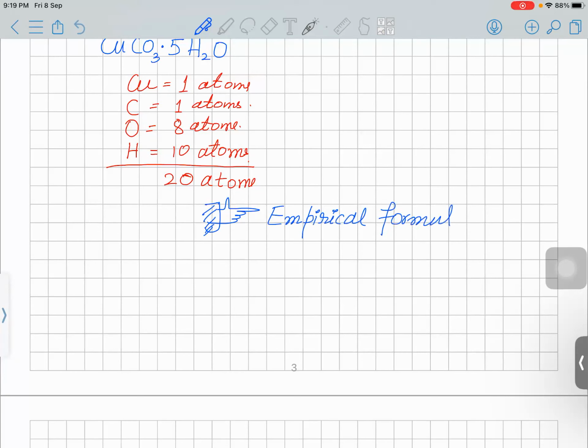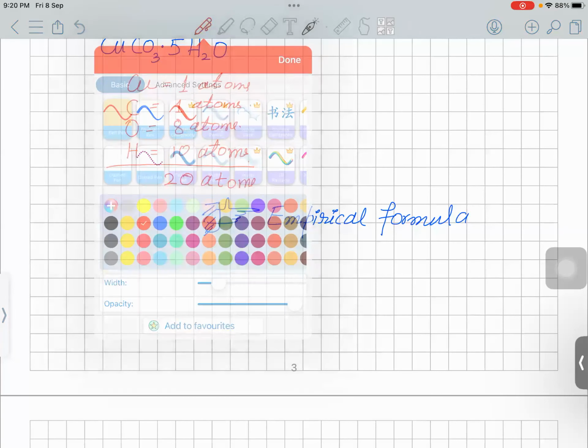Empirical formula. Empirical formula is a formula which gives the simple ratio between the bonded atoms. For example, ammonia.